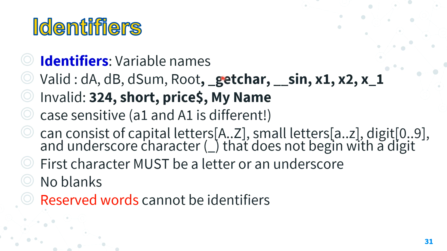Identifiers must follow certain rules in C. They can consist of letters, digits, and the underscore character. However, the first character must be a letter or an underscore. It cannot start with a number.